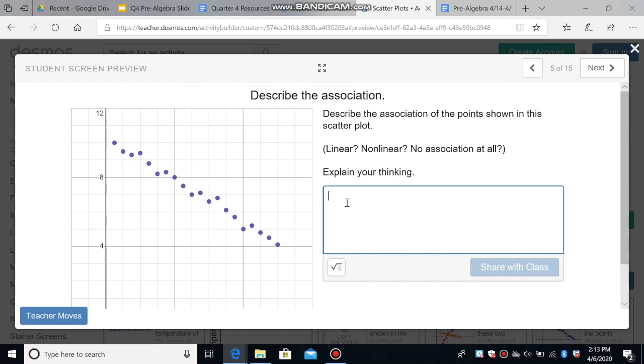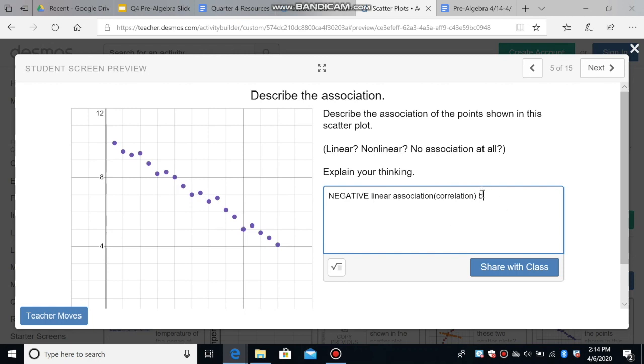So I would say that there is a linear association. Again, you could say correlation as well. If I wanted to be more specific, I could say it is a negative linear association.